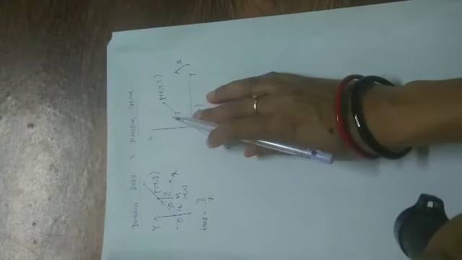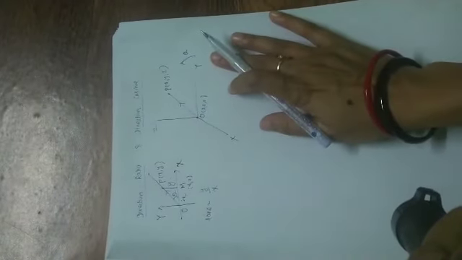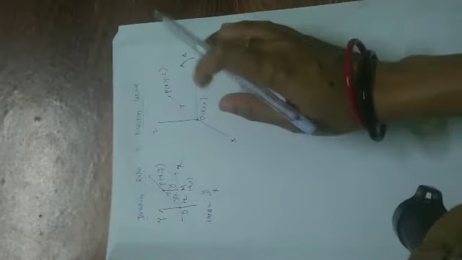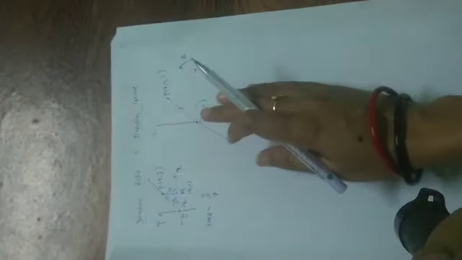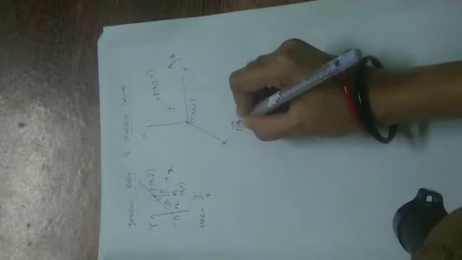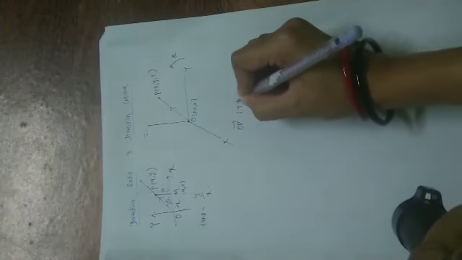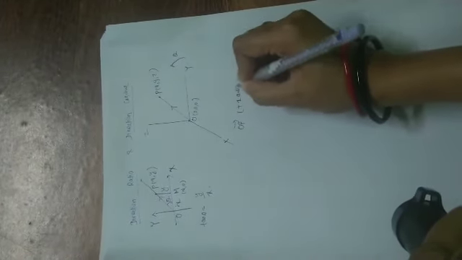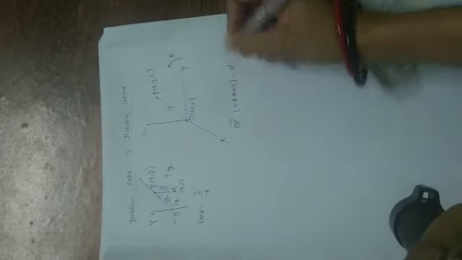But here in vectors, we will discuss the angle with the x axis, y axis and z axis. So this OP vector makes an angle with the positive x axis, let it be alpha.